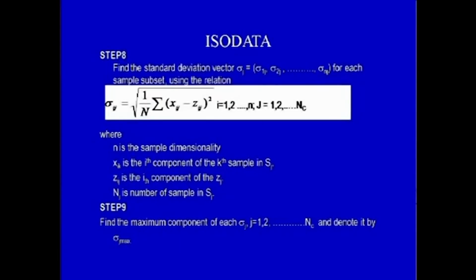Then go to step number 8. If this is an even number iteration or n c is greater than or equal to 2 k, then go to step number 11, otherwise continue.